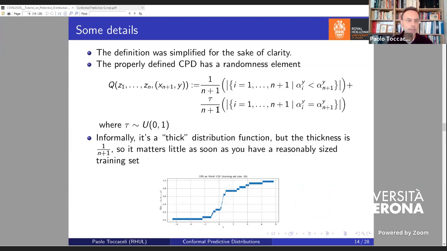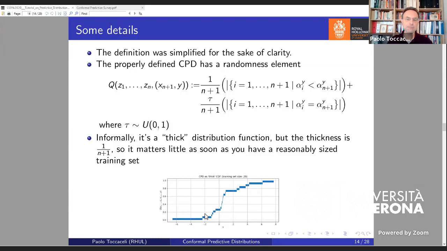So what we end up having is, informally, a thick distribution function made up of n+1 steps, each with thickness 1 over n+1.